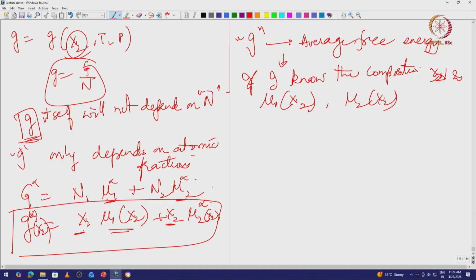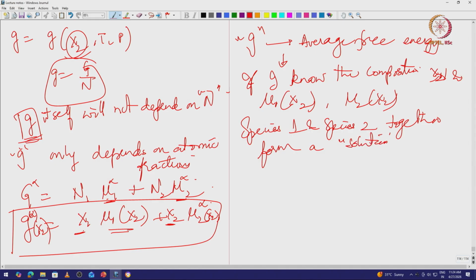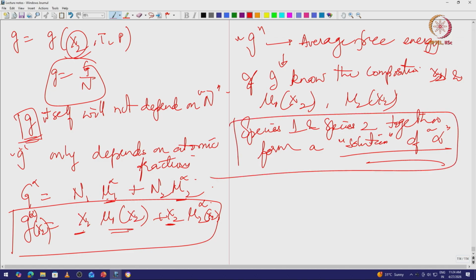Species 1 and species 2 together form a solution of alpha. The solution has a phase alpha. Okay. So, that is how one needs to interpret it.